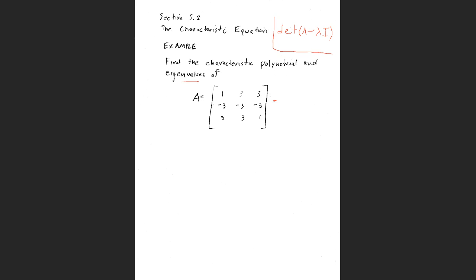Do you think properties of determinants are going to be easy to use here? It's going to be hard to apply the properties of determinants to compute this determinant. We're going to have to use cofactor expansion directly.